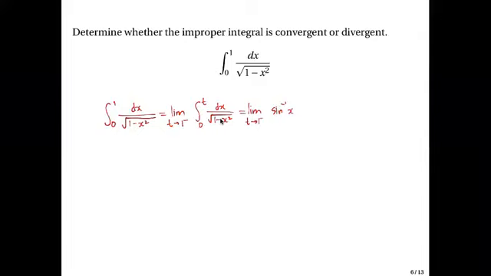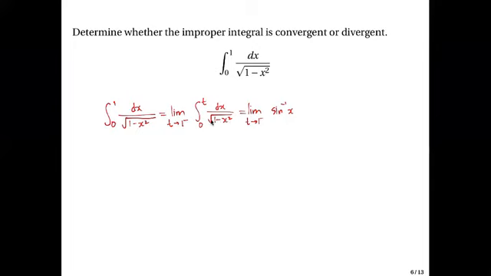If you don't remember the formula, of course, you can always use trigonometric substitution. You let x be equal to sine theta, so dx equals cosine theta d theta.